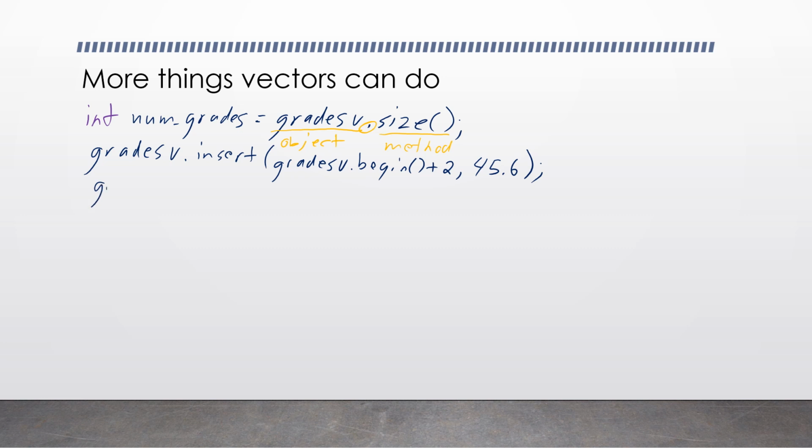If I want to add just to the end, I can do grades_v dot push_back. That is, it's pushing something onto the back of the array, and then I got a perfect score on that homework.